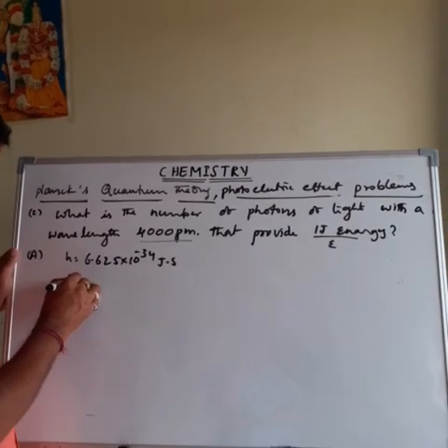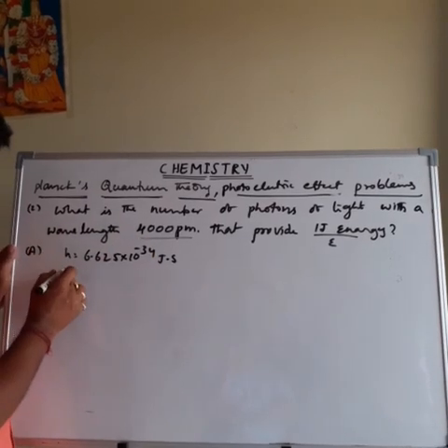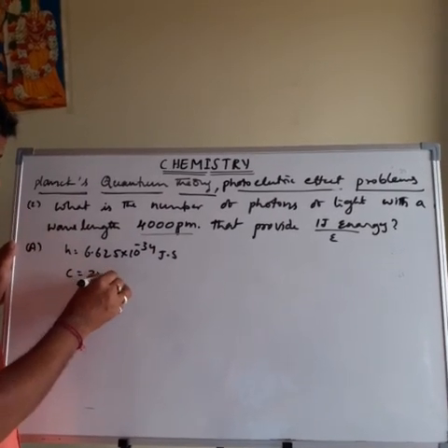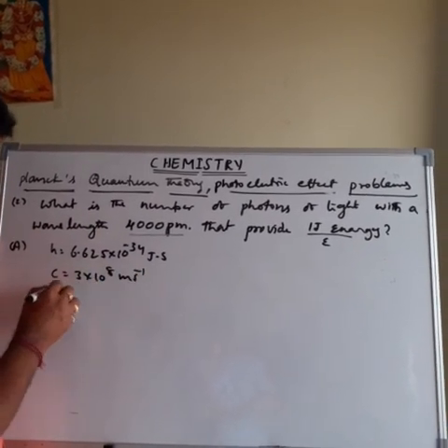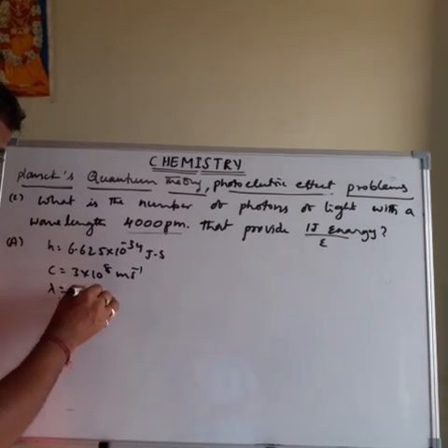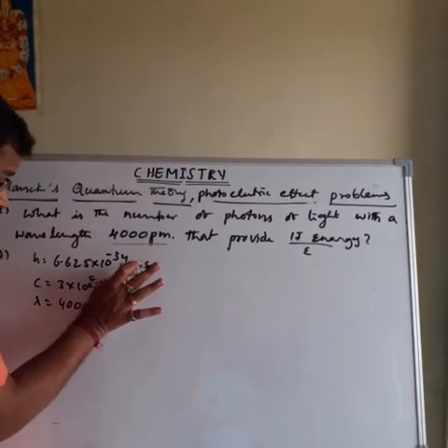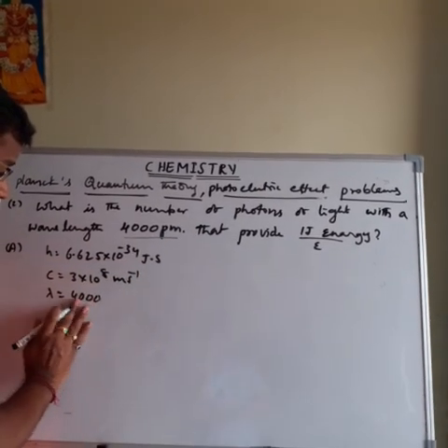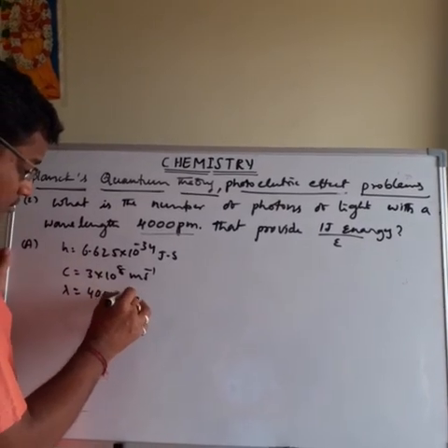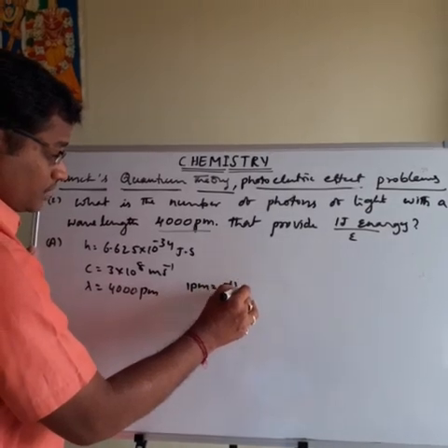Next, energy is equal to c. The value of c is 3 into 10 power 8 meter second inverse. The wavelength is 4000 picometer. 1 picometer is equal to 10 power minus 12 meter.